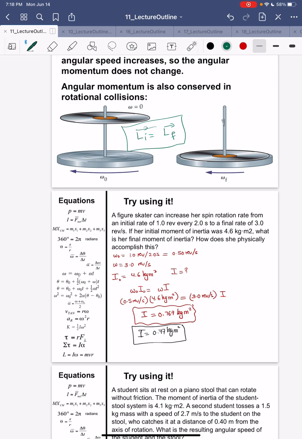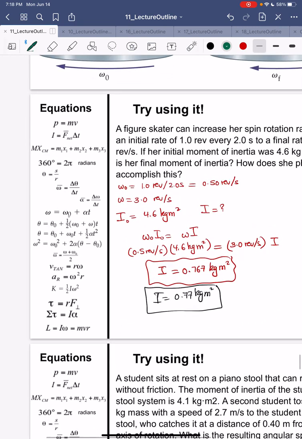You don't need to make conversions in units here, because when it is equal on both sides, you can drop these conversion factors, and you can keep them in revolutions per second. But you have to pay attention that omega 0 is 1 revolution in 2 seconds, then it is 0.5 revolution per second.